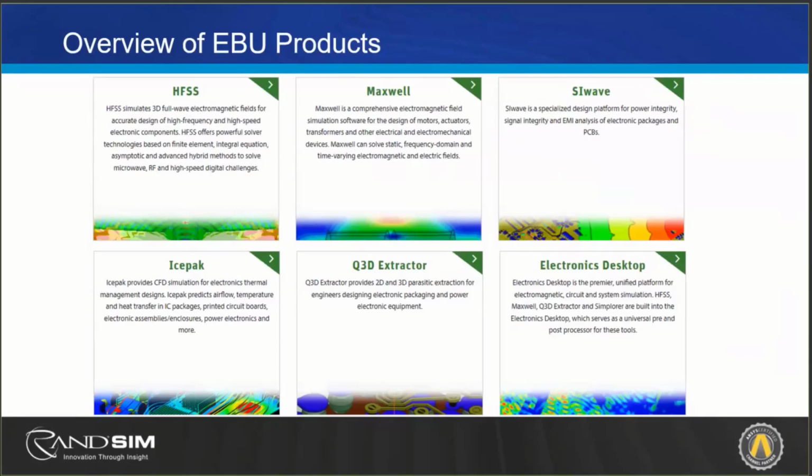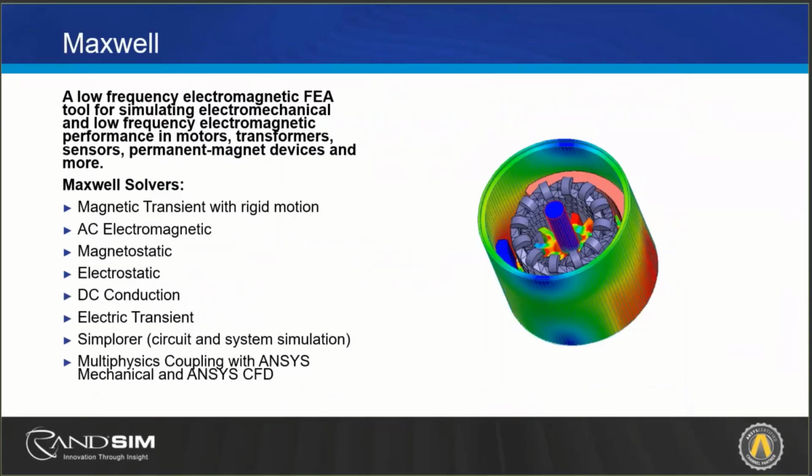So we're going to go through in some general detail each of these tools today. Now I'm going to start in the low frequency end. The low frequency tool for Ansys is called Maxwell, and this is really what I consider the gold standard for motor, transformer, sensors, permanent magnets, and all that simulation in those areas.